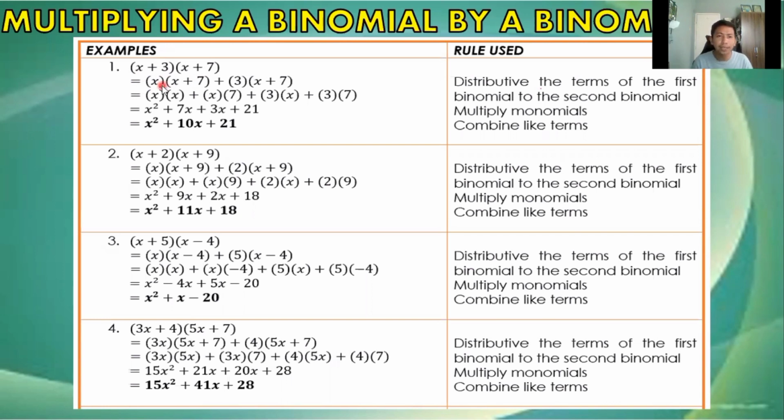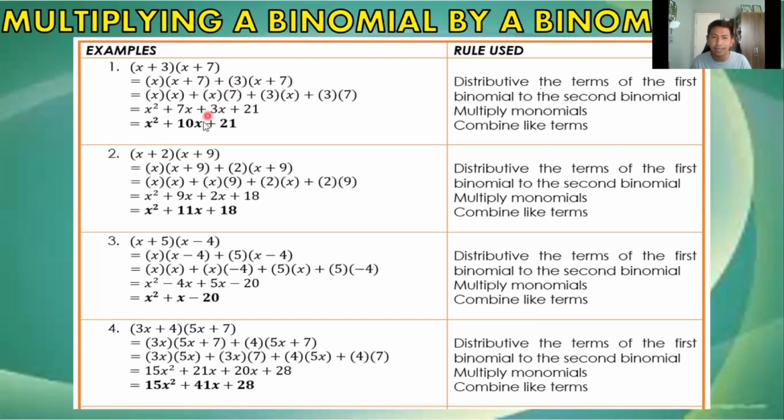So we have now x times x plus 7 plus 3 times x plus 7. We now have x times x, that is x squared, plus x times 7, that is 7x. Okay, ito na yun. And then the second one, we have 3 times x, that is 3x. 3 times 7, that is 21. And then we have to combine like terms.